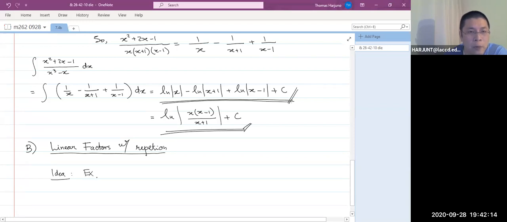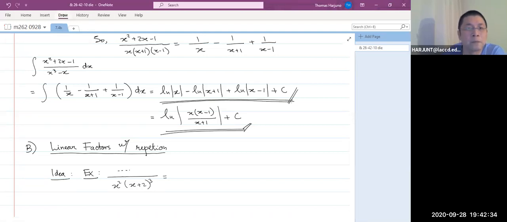Suppose, for example, I have blah, blah, blah over x squared and then x plus 2 cubed, something like that. Suppose we have something like that. Then here's the thing.